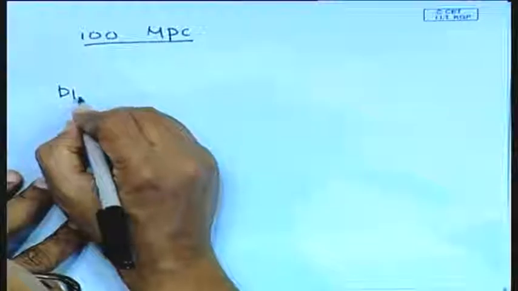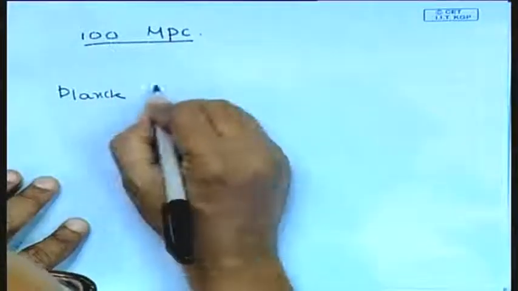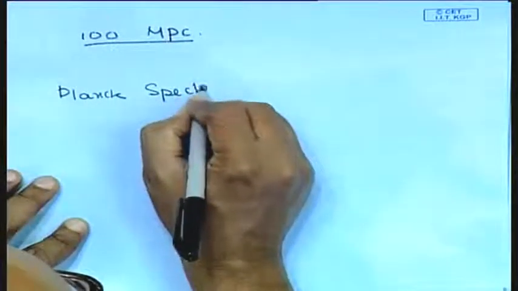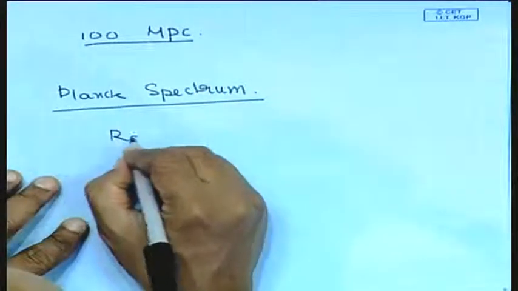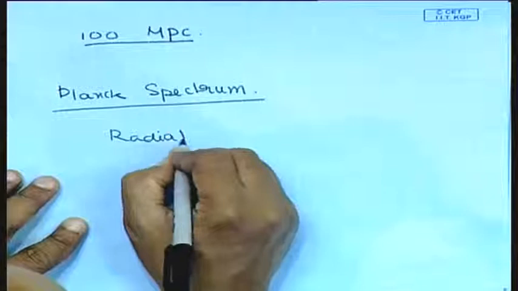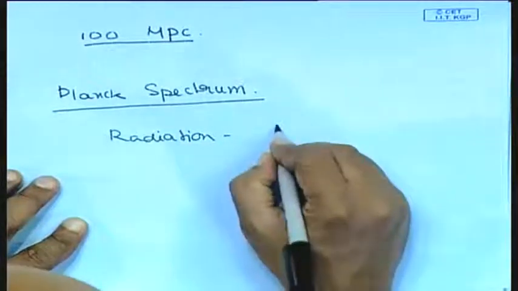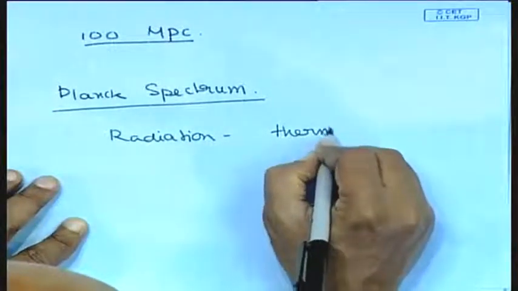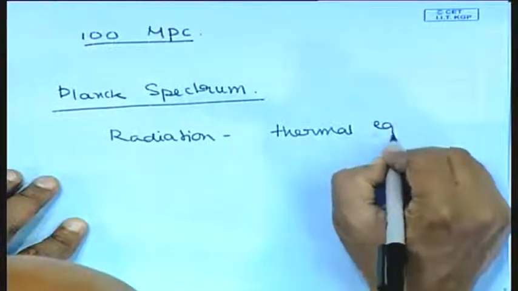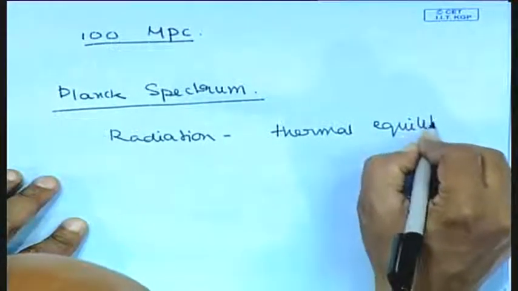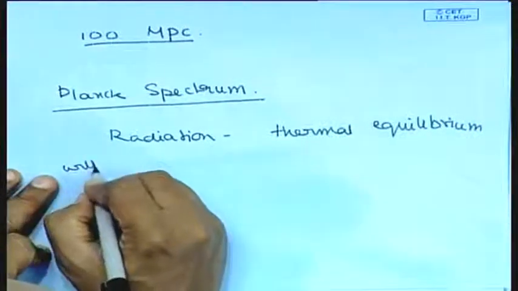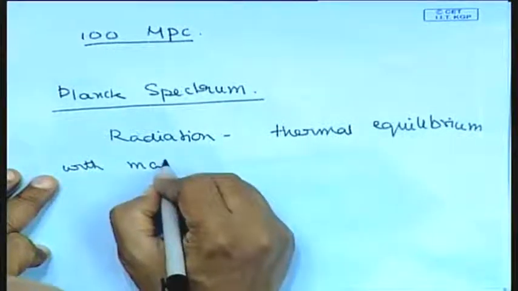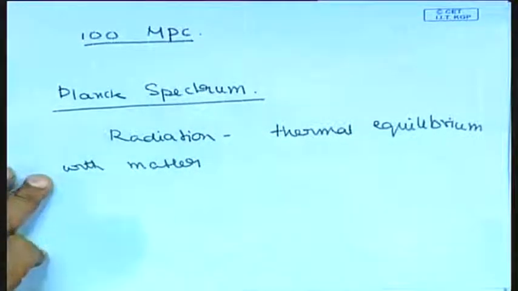So, the Planckian spectrum corresponds to radiation in thermal equilibrium with matter. That is the picture that we have.